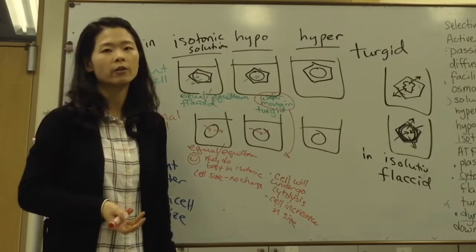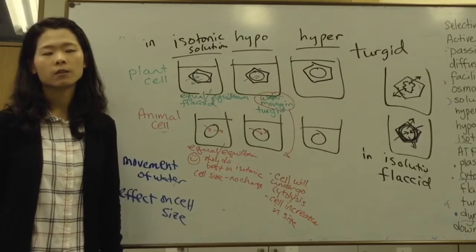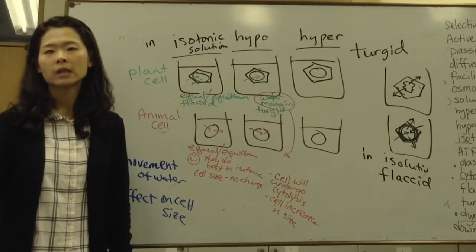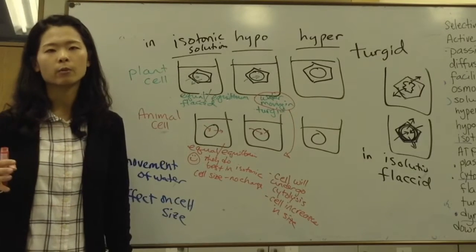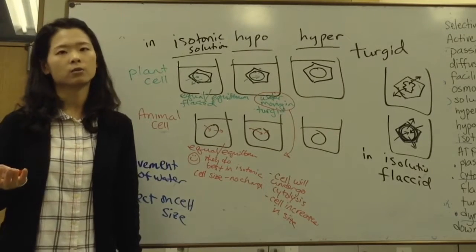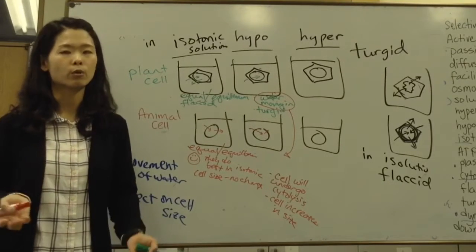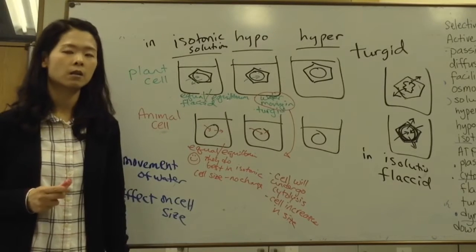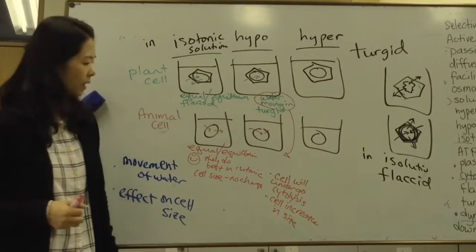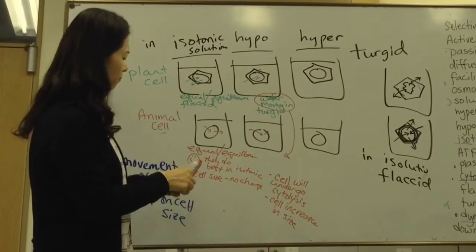It's one way to kill bacteria or preserve food. If you make pickles, you're making the surrounding very inhospitable for bacteria to grow, because their cells will rupture and die. They won't be able to grow and replicate again. Is that why snails die when you put salt on them? Yeah, and same thing with leeches.